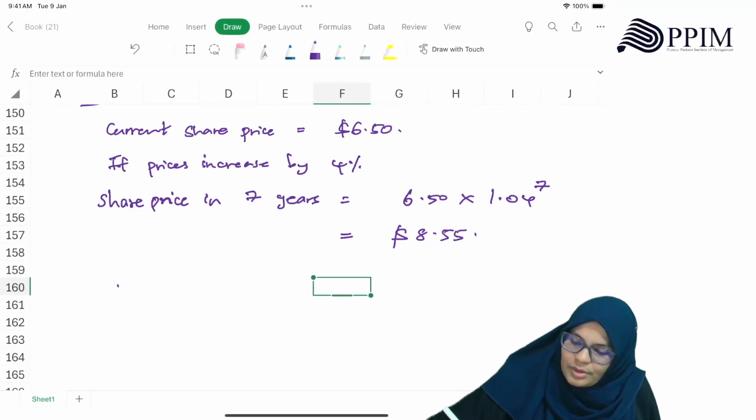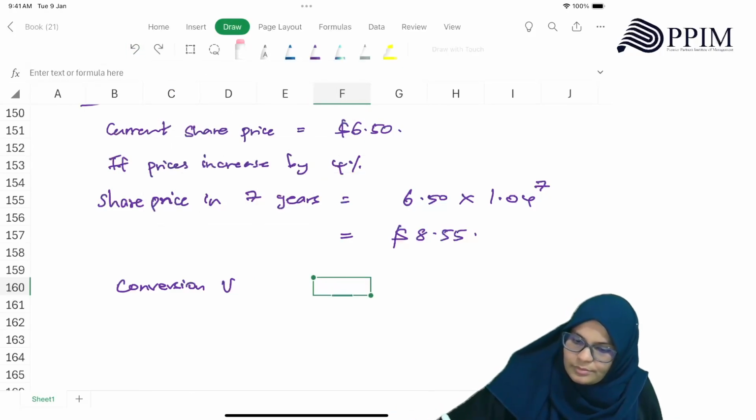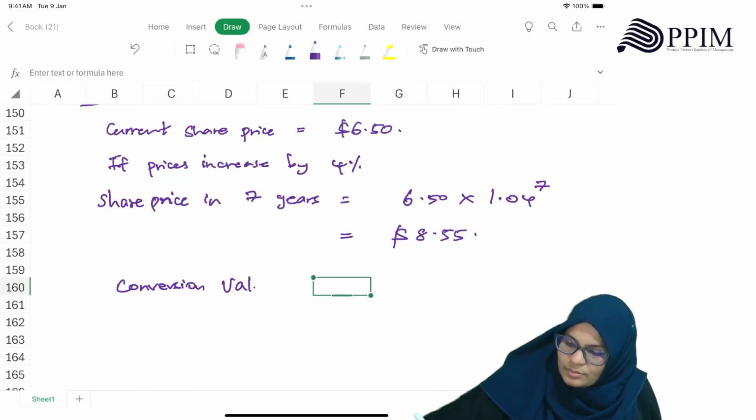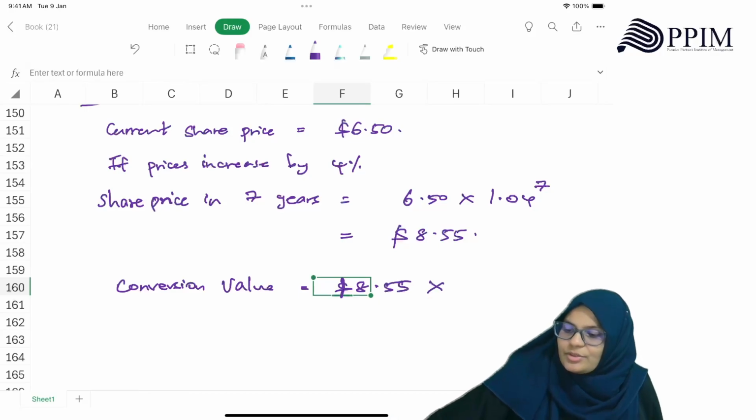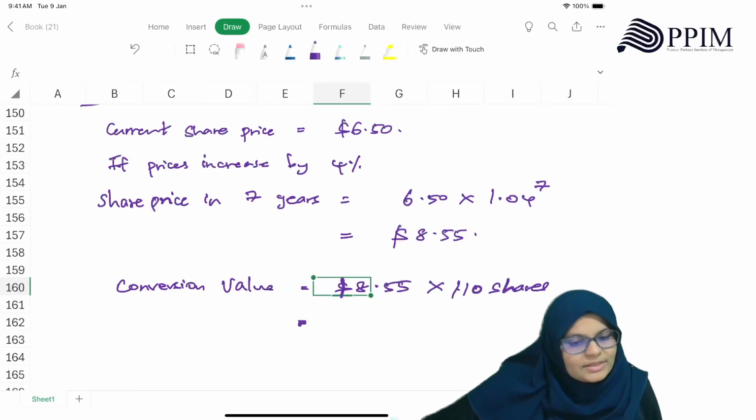So conversion value is 8.55 into 110 shares. So how much is that?